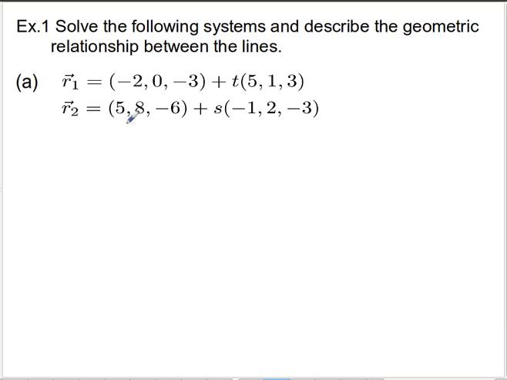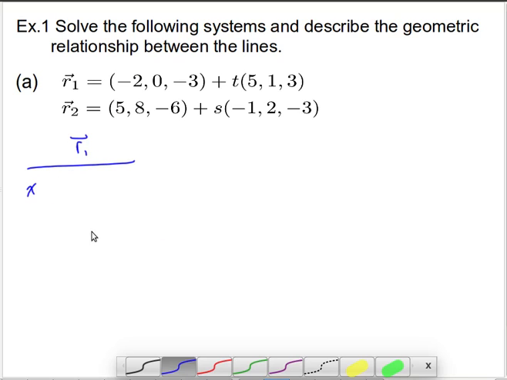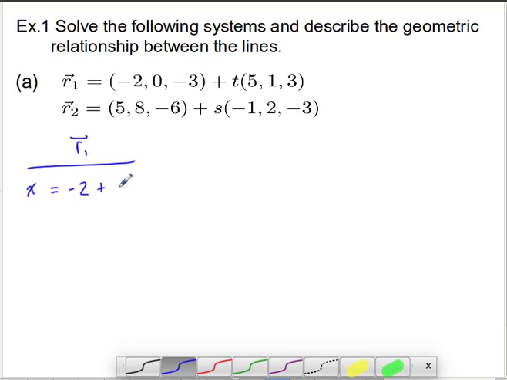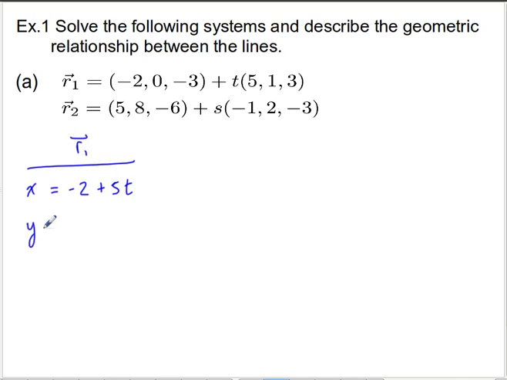It is almost always a good idea to break these into their parametric form. So for the vector r1, I actually end up with x1 or x. Let's just write it as x because I'll explain that in a moment. X is equal to -2 plus t times 5. So actually let me write that as 5t. Y is equal to 0 plus t. And z is equal to -3 plus 3t.